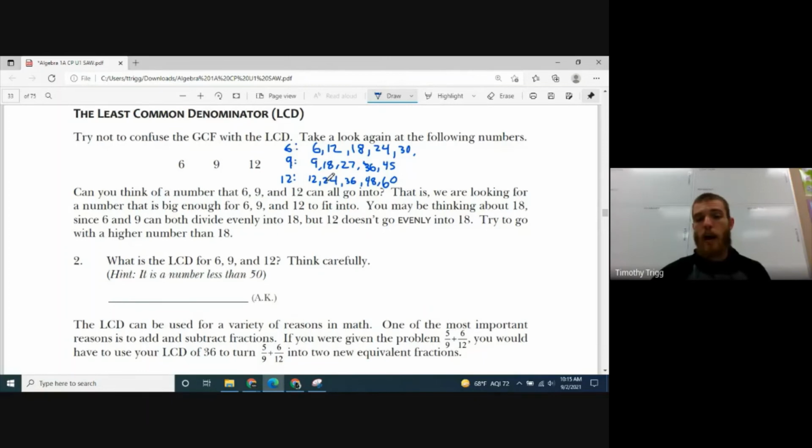Now, do I have a common multiple yet? Do I see a multiple that is in all 3 lists? Well, there's some numbers that are close. Like 12 is in the first list and it's in this list as well, but it's not in my 9s list. Or like 18 is in the 6s list and in the 9s list, but it's not in the 12s list.